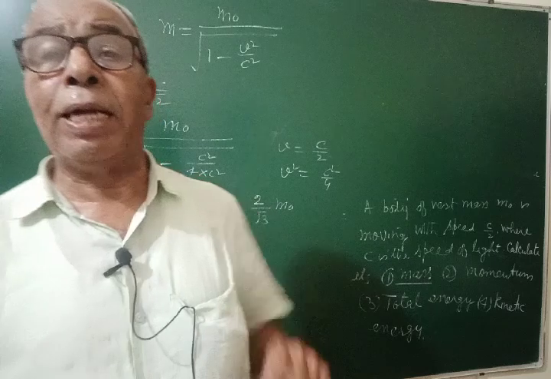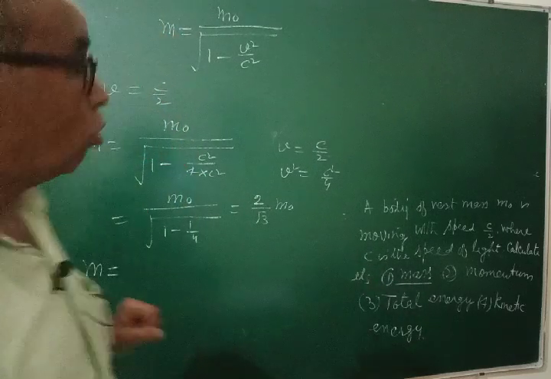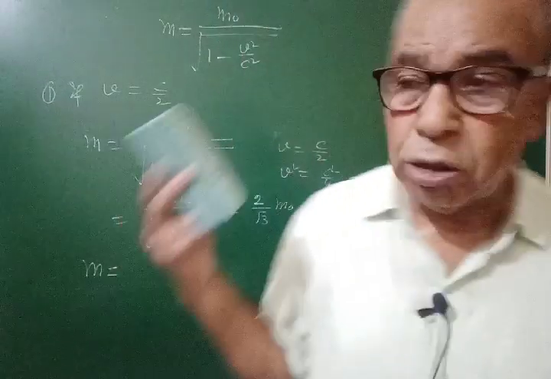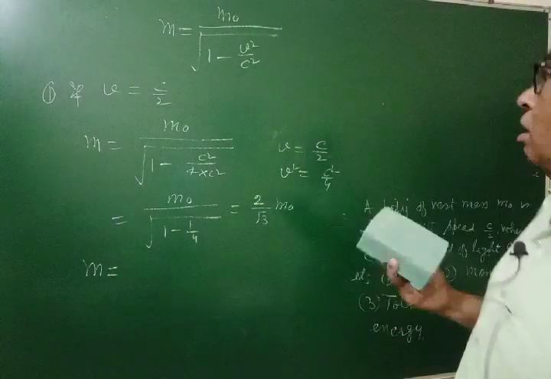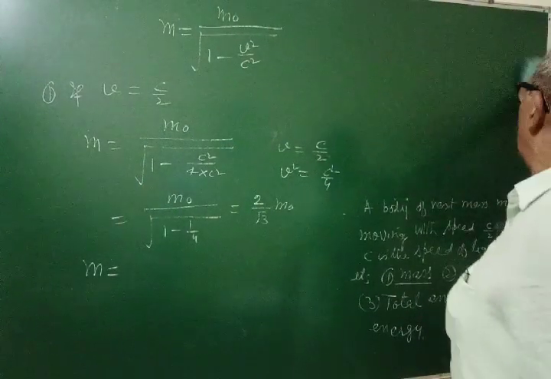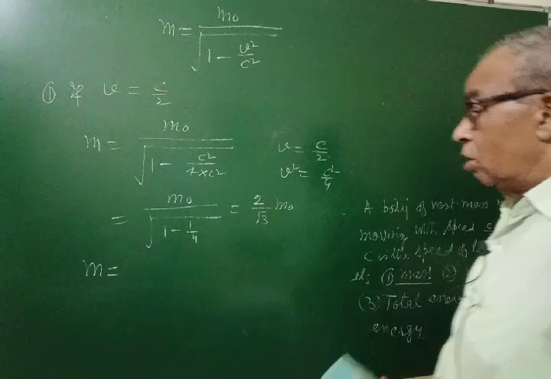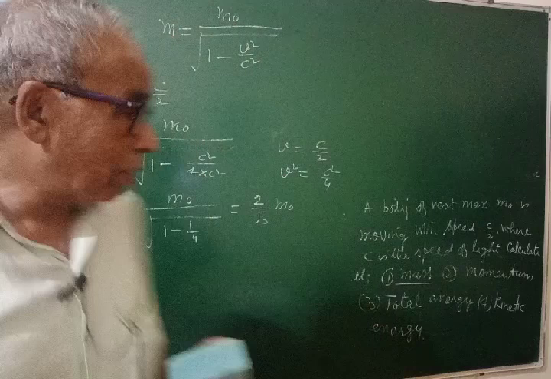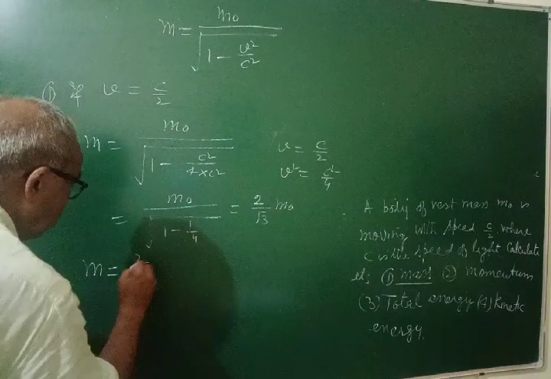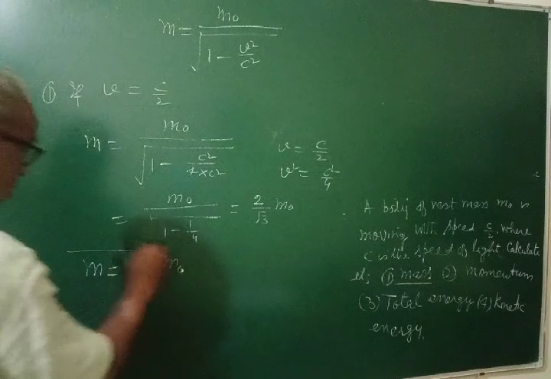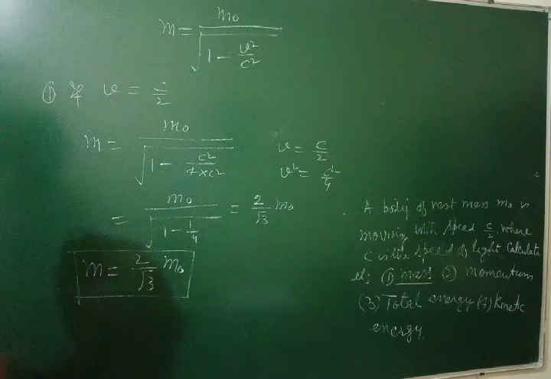There is only one particle which can travel with the speed of light, that is the photon. No other object, according to Einstein, not according to me, can travel with the speed of light except photons. So here this m becomes 2 by root 3 m0. This is your mass.